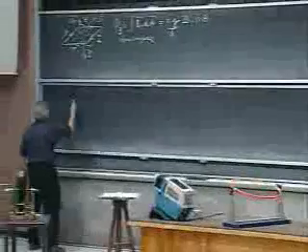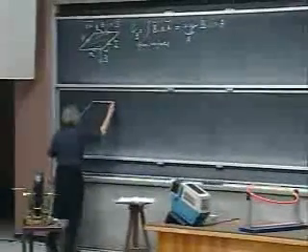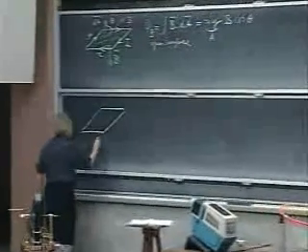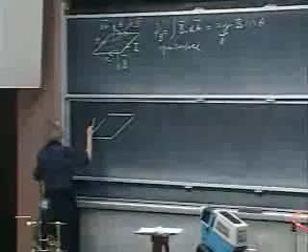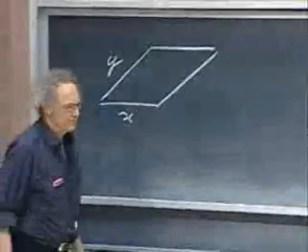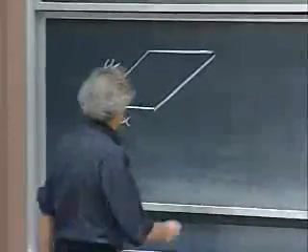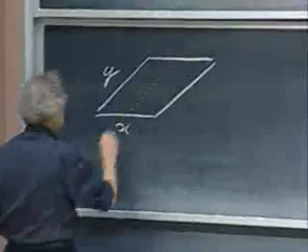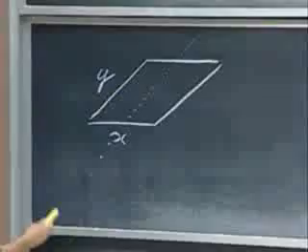So let me make another drawing of the closed conducting loop. This has length y and width x. And I'm going to rotate this. My idea is that you can see this three-dimensionally.